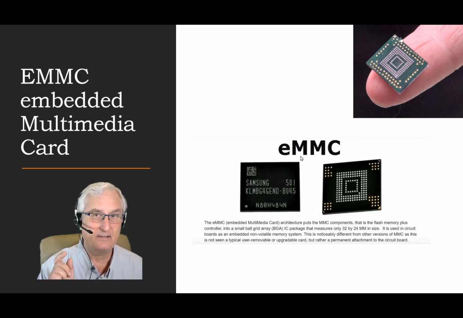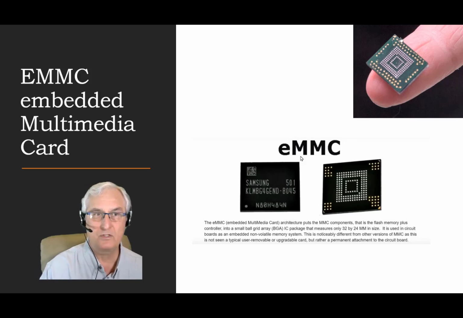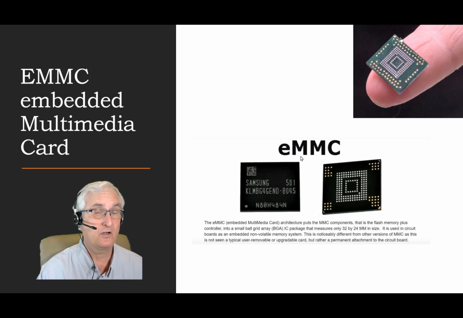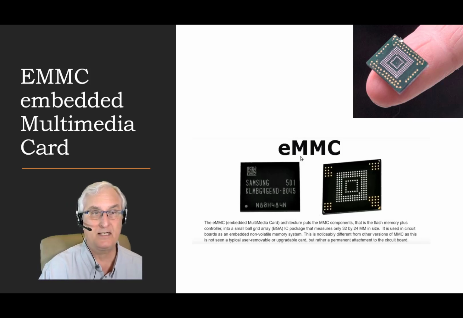It's an itty bitty little thing that fits on the end of your finger. And this is basically the hard drive that's in most of your Chromebooks. It's also the hard drive that's in most of your cell phones and tablets. And this is called eMMC memory.